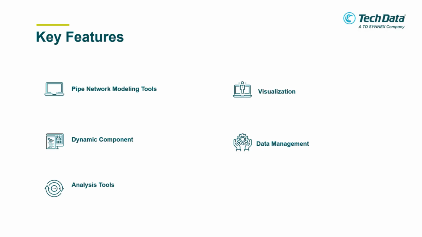It also has a dynamic component where you can use parametric objects to make the design more flexible. Okay, and then analysis tools where you can integrate hydraulic and hydrologic analysis capability. The one that I showcased to you just now is only InfoDrainage. Okay, we can have another session for InfoWater or ICM.